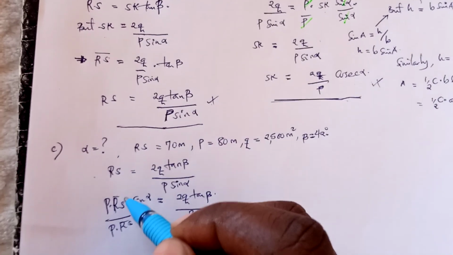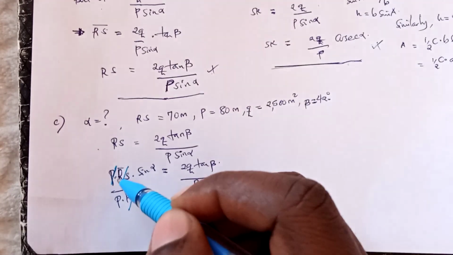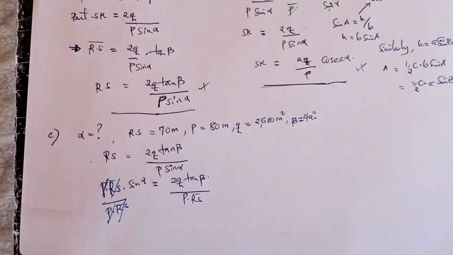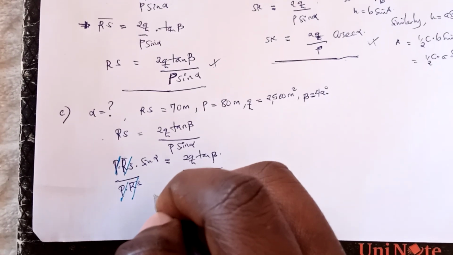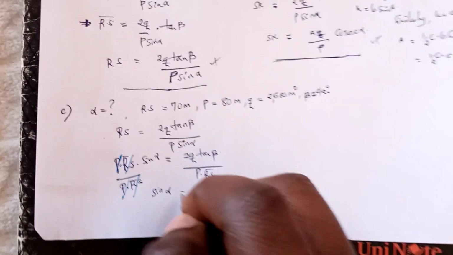I told you guys, don't cross out. Okay, I'm just showing you that these guys are leaving this side. They are breaking up with the sine alpha.